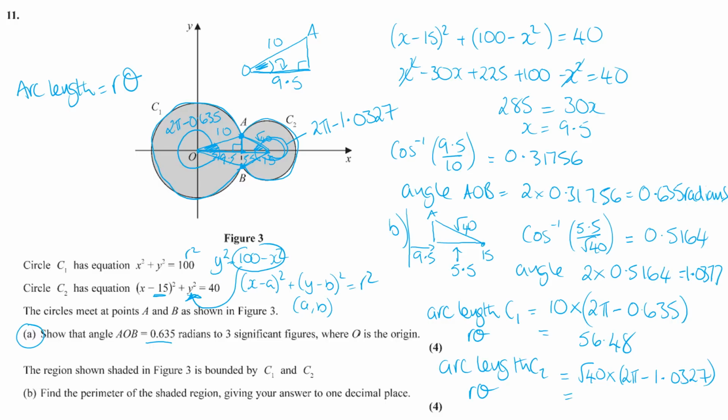If you do that, it comes out to be 33.21. And then the total perimeter is those two added together. So 56.48 plus the 33.21 comes out to be 89.7 to 1 decimal place.